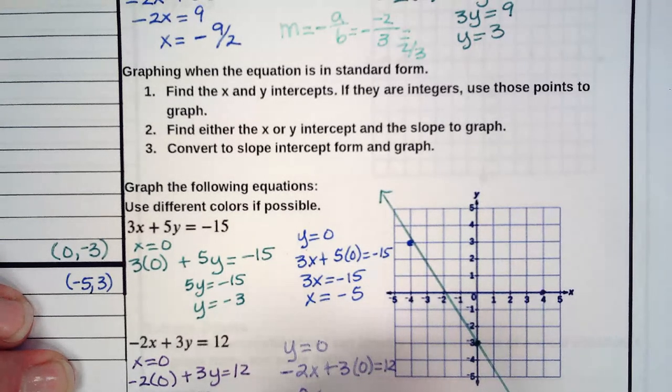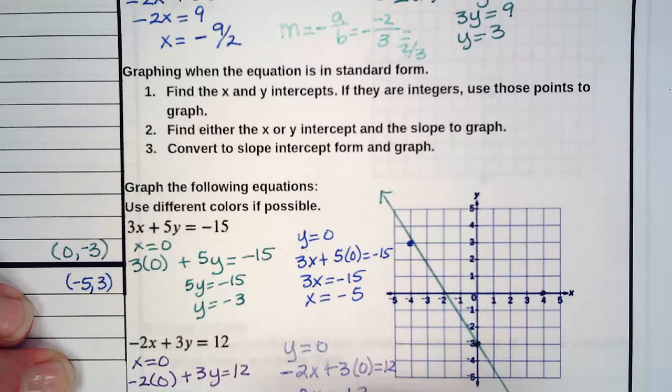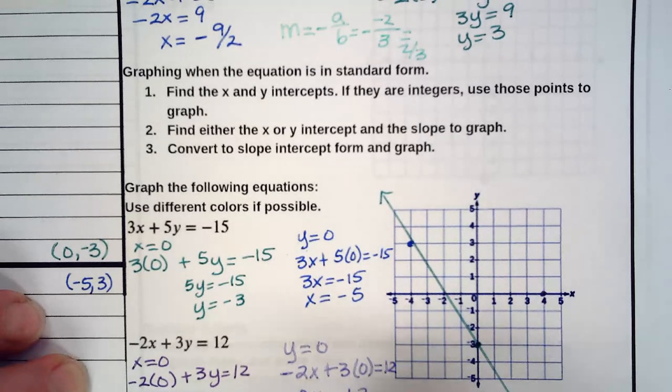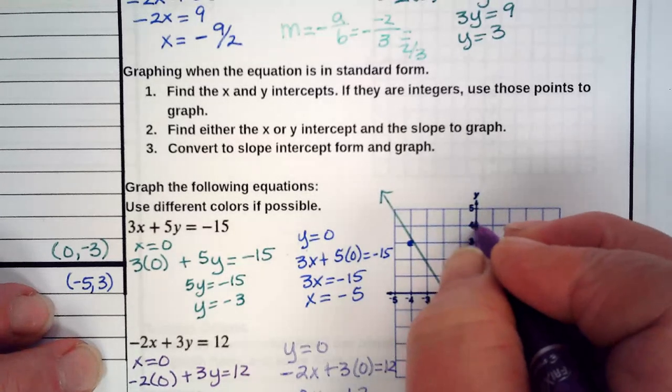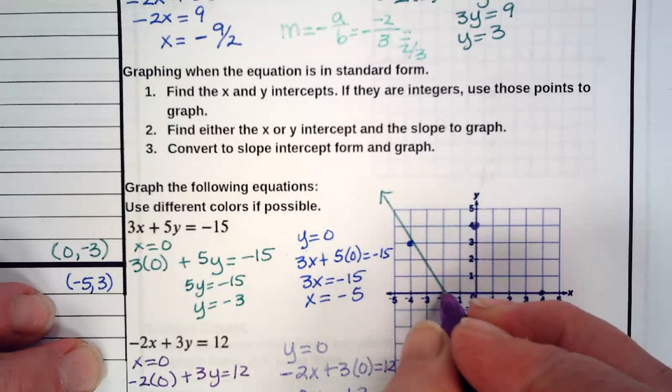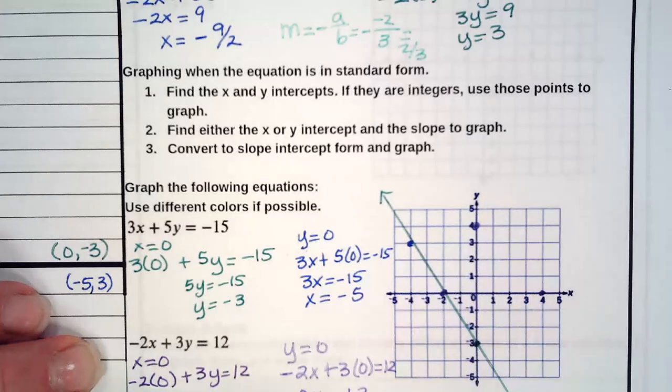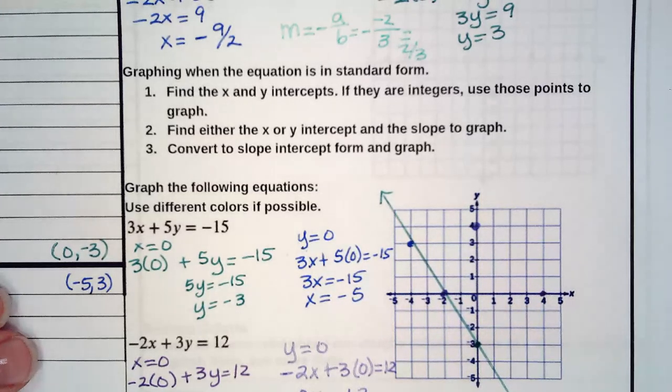Negative 2x is equal to 12, and x is equal to negative 2. So this point becomes (negative 2, 0). (0, 4), (negative 2, 0). I can now graph.